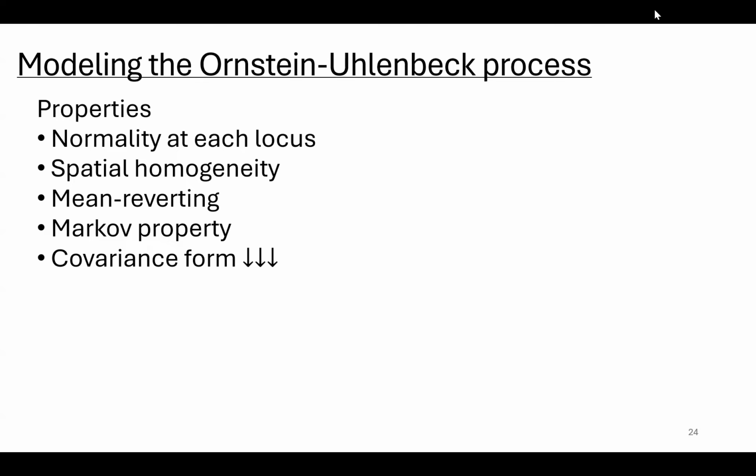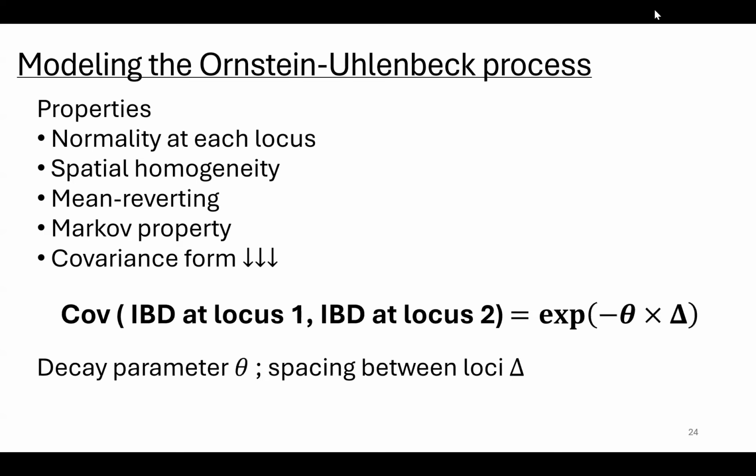And then for the covariance form, it should take, after standardization, a specific form. So we'll have that the covariance of the IBD rate at locus 1 with the IBD rate at its next adjacent locus 2 is the exponent of negative theta times delta. Delta is the spacing between our test statistics that we hold constant, and that's user defined.